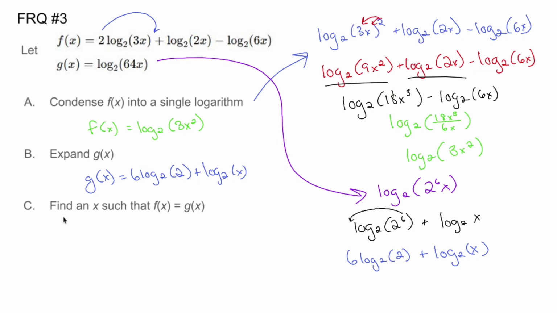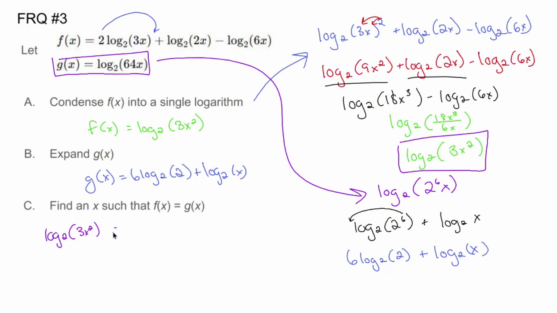Now, what I want to do is find an x such that f of x equals g of x. Well, I want them all put together in order for me to do this. I want to use this version of part A, the one that's already condensed, and this version of part B, because by setting these two equal to each other, I have a log base 2 of 3x squared equal to a log base 2 of 64x.